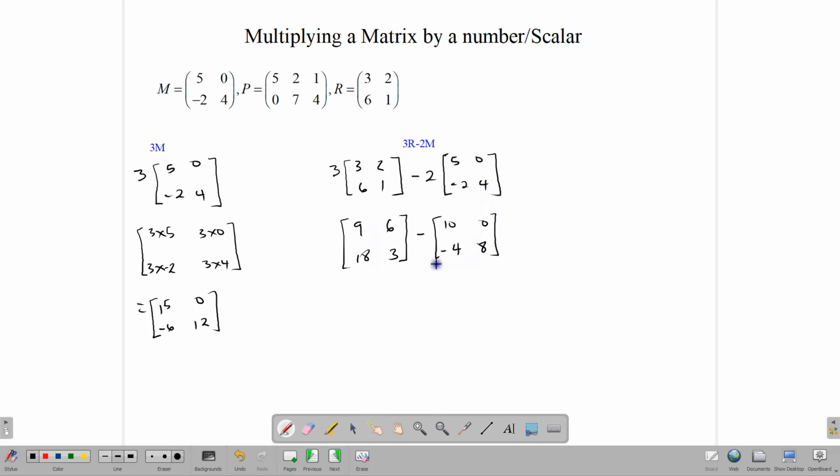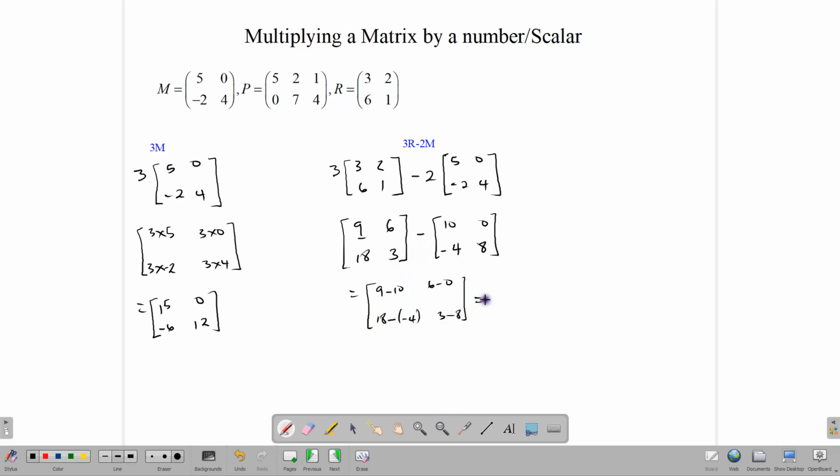And here we have now that 9 take away 10. Remember, the positions are important. 9 take away 10, and we have 6 take away 0, we have 18 take away negative 4, and we have 3 take away 8.